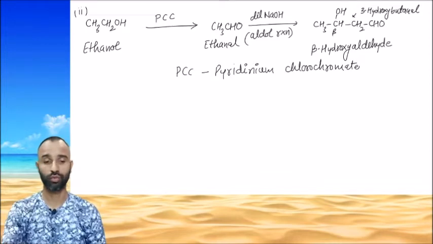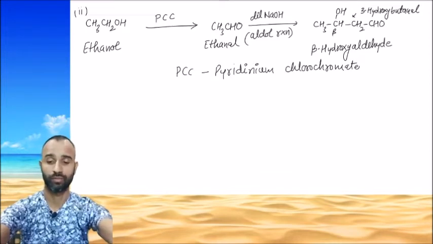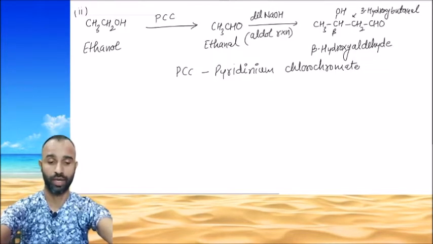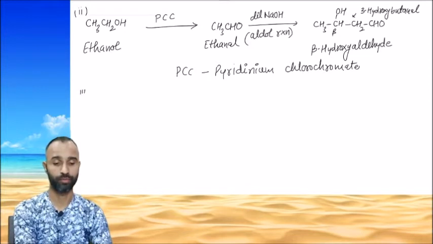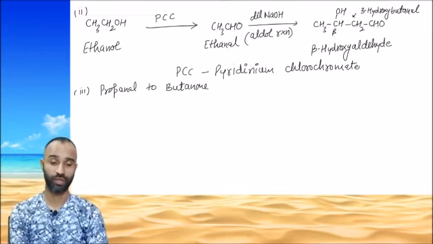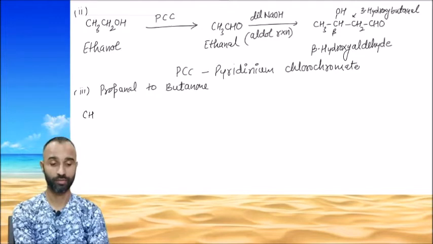Now what about third? Third is propanol into butanone. Propanol into butanone. That means we have to increase one carbon. First write propanol, CH3, CH2, CHO. Right?